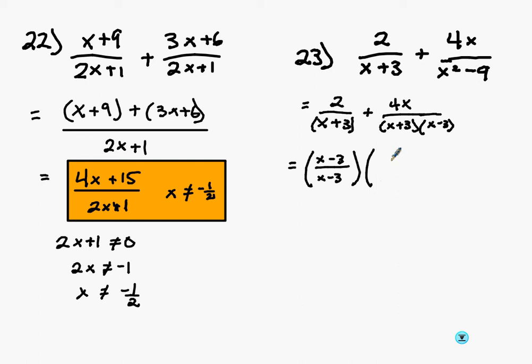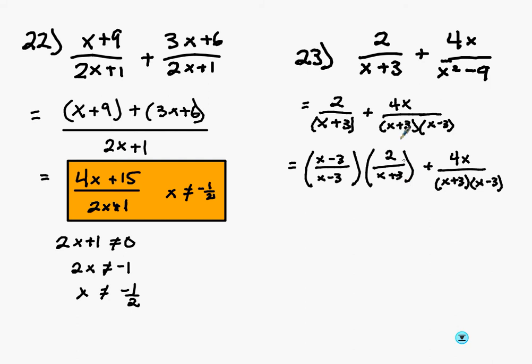So we would multiply 2 over x plus 3. And then to this we are adding 4x, x plus 3, x minus 3. Okay?